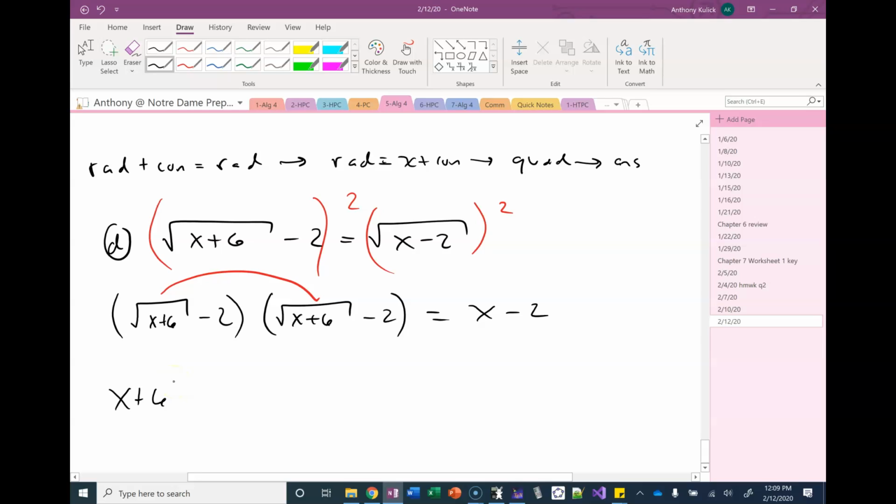Yeah. That's okay? Okay. Everybody sees why that's giving me just an x plus 6? Okay. As long as we see. We haven't done anything with it yet. We've just multiplied the firsts. So then we do this one.